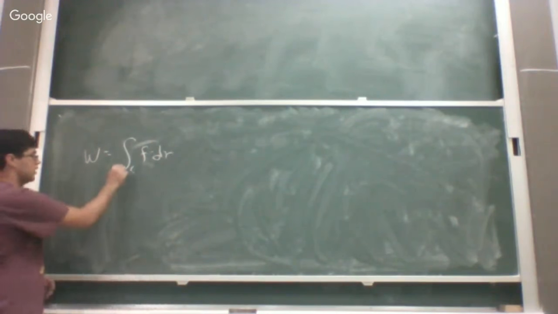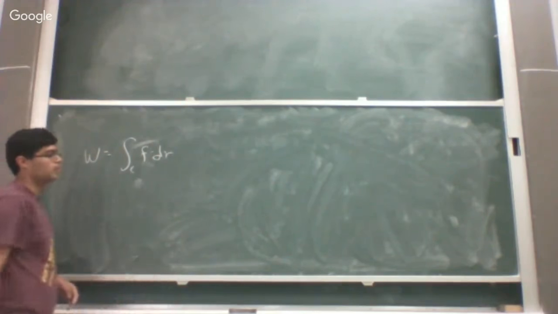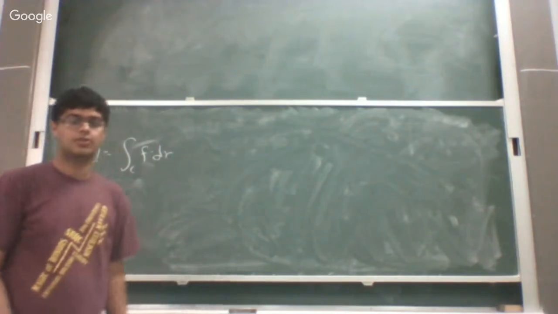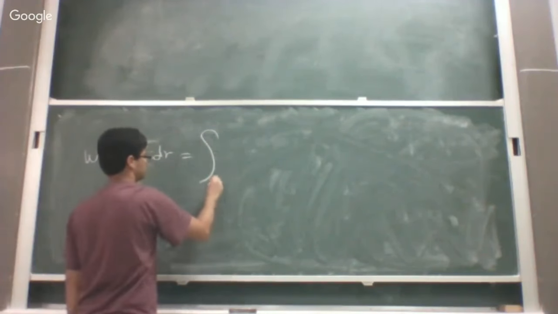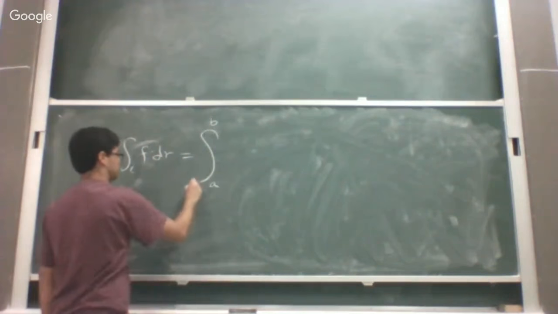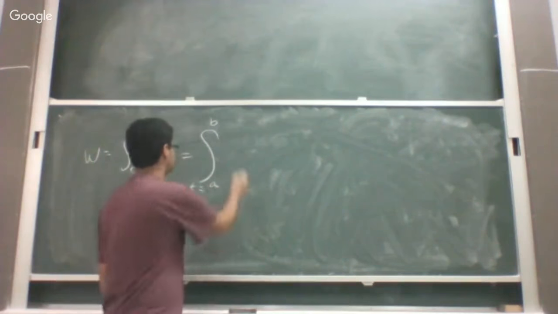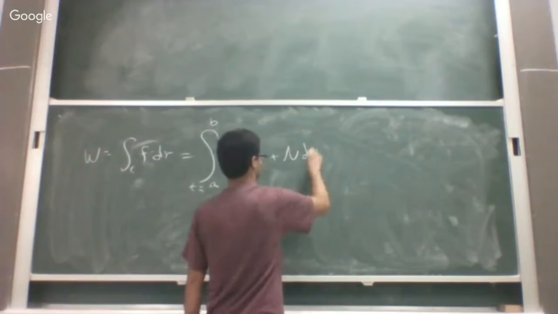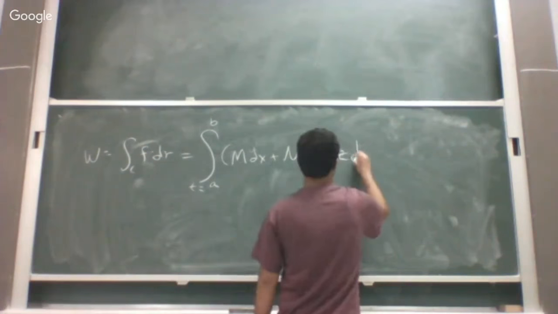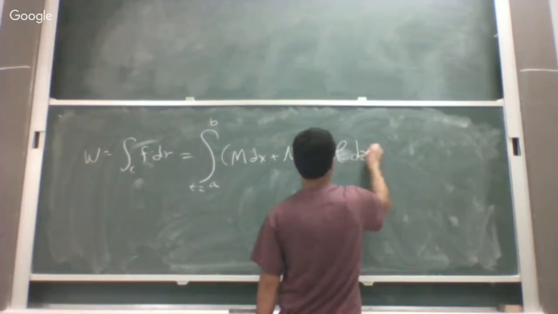So if we have 2 or 3 curves, we have 2 or 3 integrals, essentially. But this is equal to the integral from A to B of M dx plus N dy plus P dz.